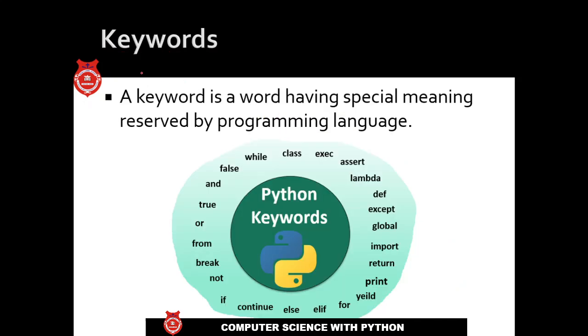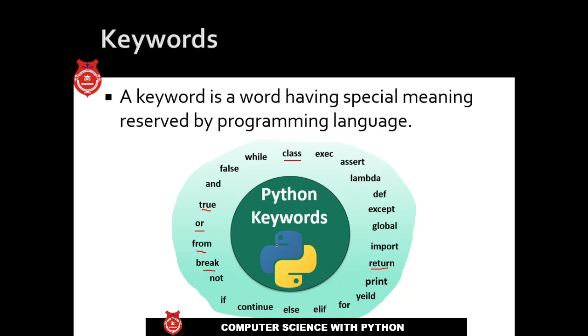First of all, what is keywords? Keywords are the words having special meaning reserved by the Python programming language. For example, while writing Python programming code, sometimes you may use class, sometimes you may use return, sometimes you may use or, true, from, break.